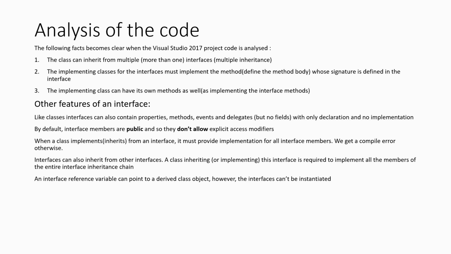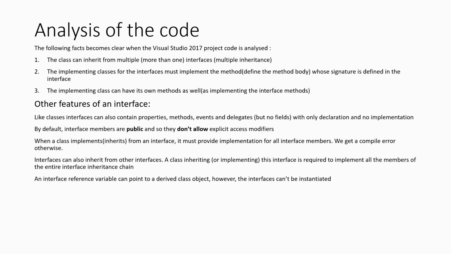So supposing a class inherits from two interfaces, and one of the interfaces inherits from three other interfaces, this class must fully implement the members of all of the interfaces in the interface inheritance chain. So it cannot drop one of the implementations and still get away with it.